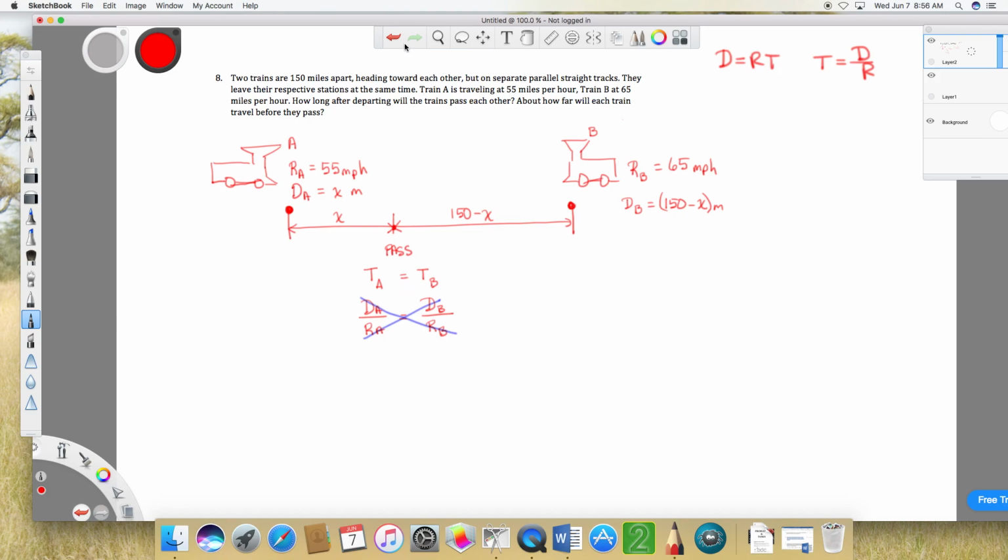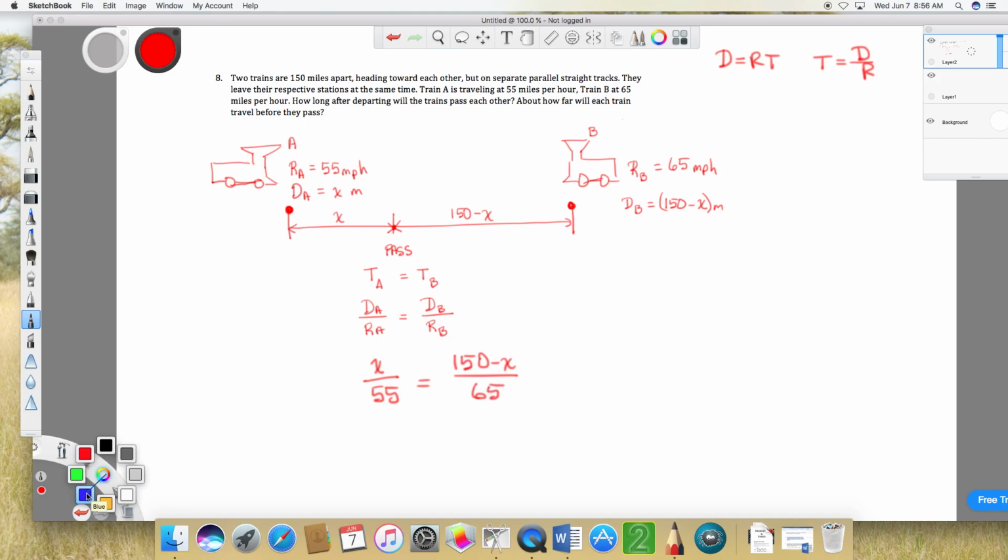Maybe I should substitute in my values before I do this. My distance for A is x, the rate of A is 55, and the distance that Train B has traveled is 150 minus x over the rate of 65.